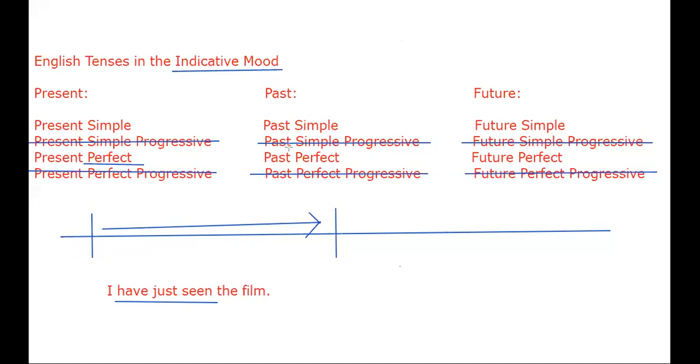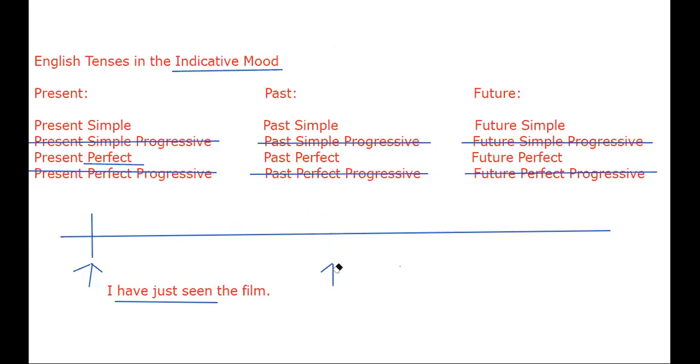This implies that our action of seeing the film started at this point and led right up to the present. So in a way, the present perfect makes a past action more relevant to the present. It can also be used for actions that lead up to the present. So that's really the difference between the present perfect and the past simple. The past simple just talks about things that happened at one single point in time.